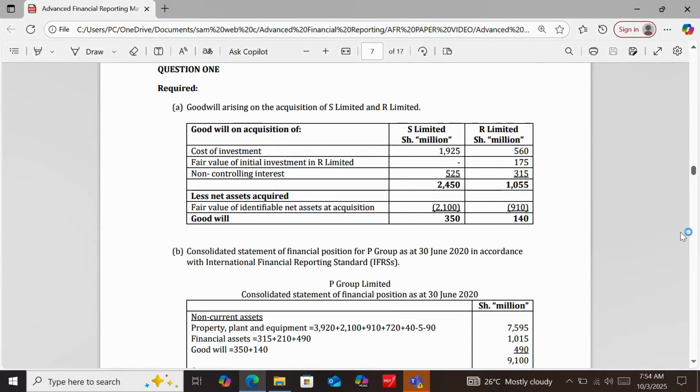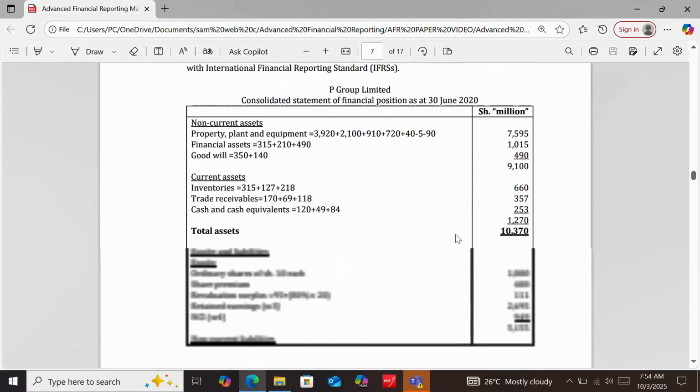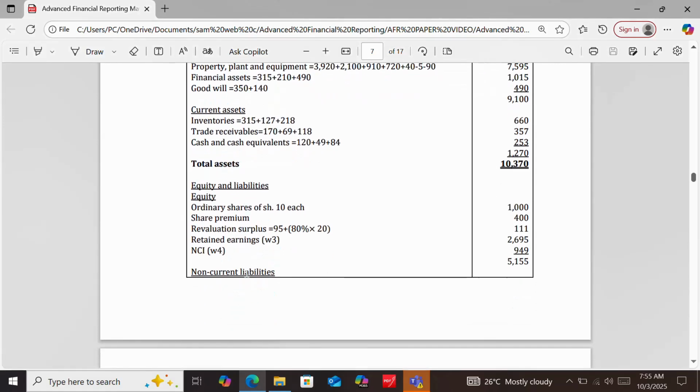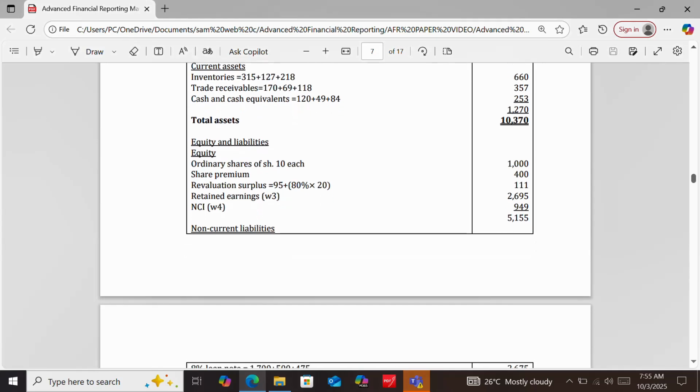We have the answer to Part A of question 1, goodwill arising on acquisition of S Limited and R Limited. Then Part B, consolidated statement of financial position. Let's start with non-current assets, current assets, equity, and liabilities.